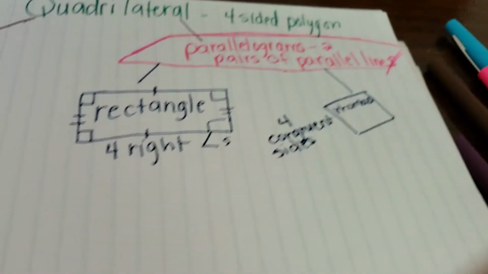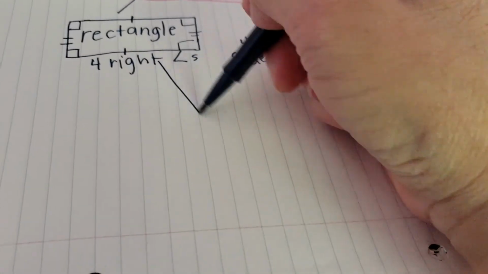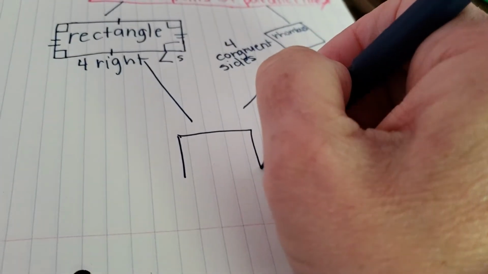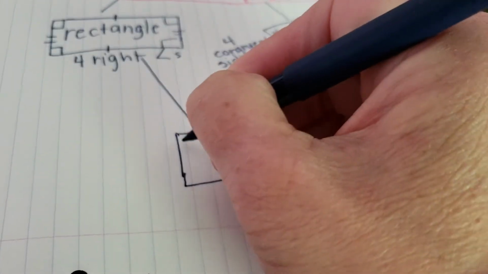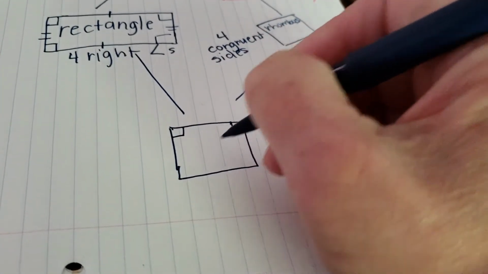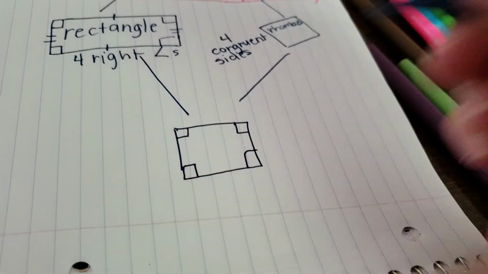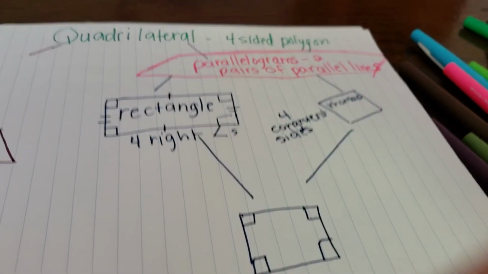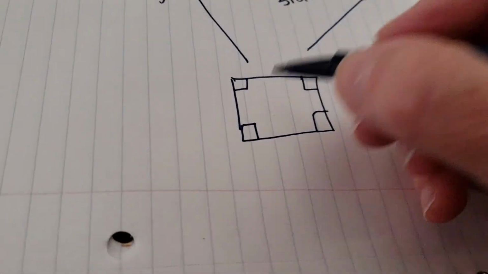Sometimes it is, which brings us to our last one, which is a square. And a square is just about perfect because it is a rectangle, it is a rhombus, it is a parallelogram, and it is a quadrilateral. Okay, and I'll tell you how.